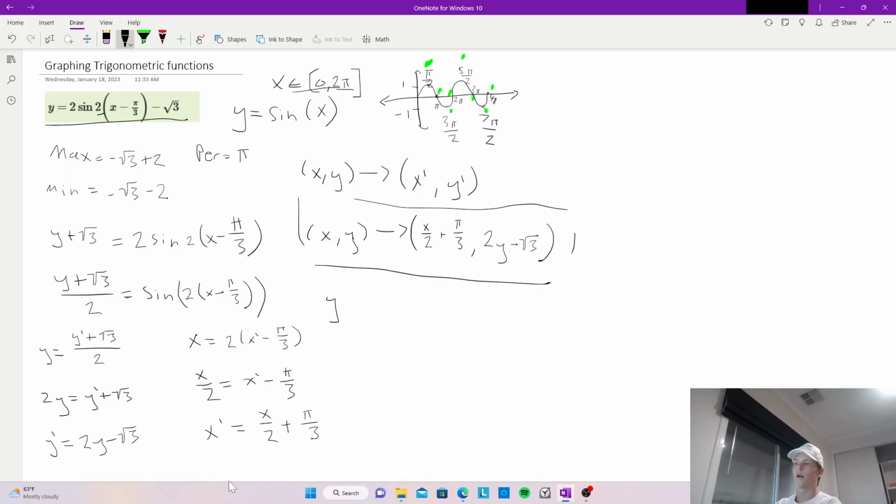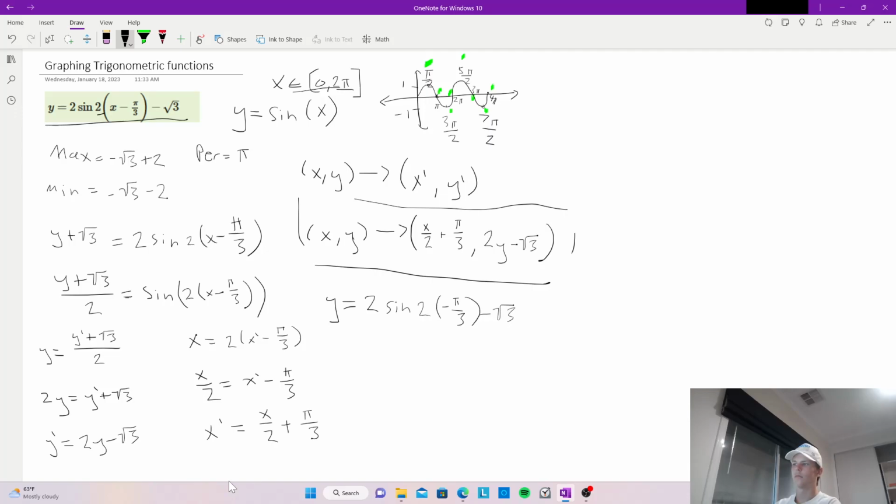Anyways, we'll plug this one in. So we're just going to plug in 0, because that's going to be easy to calculate. So it'll be 2 sine, 2 times the x is 0, so we're just going to get negative pi on 3 minus square root of 3.